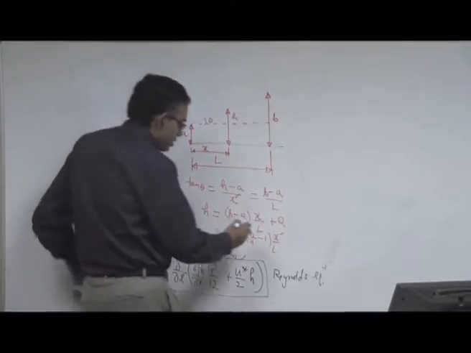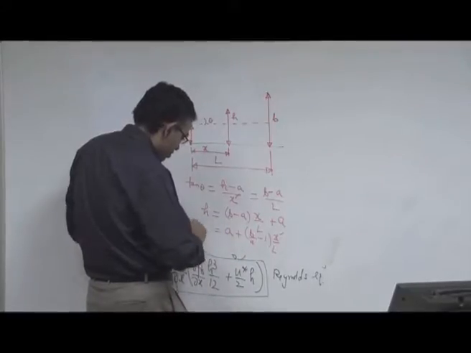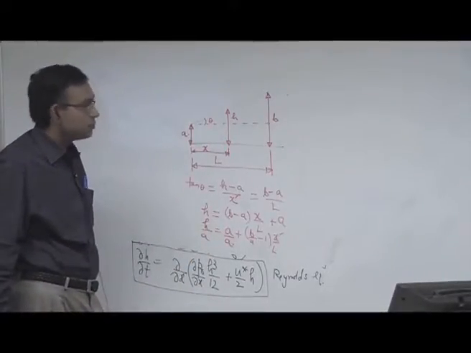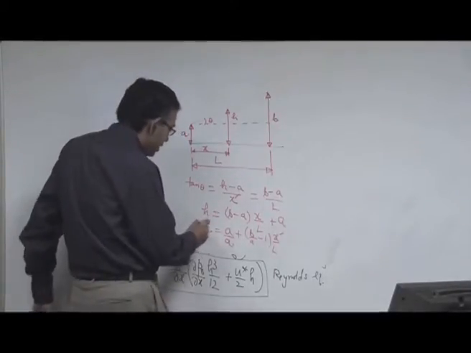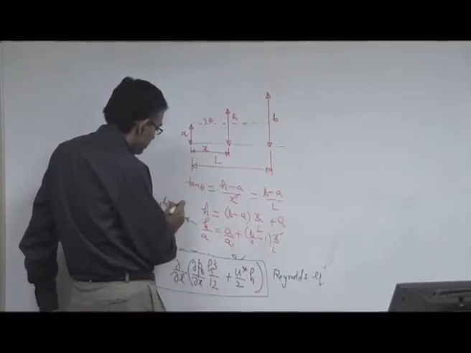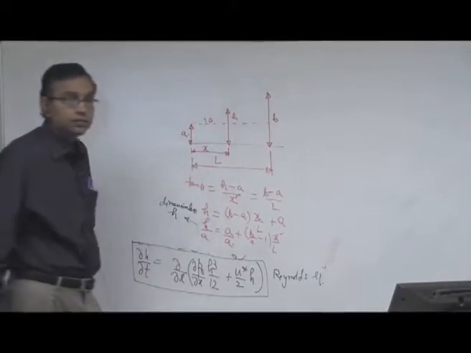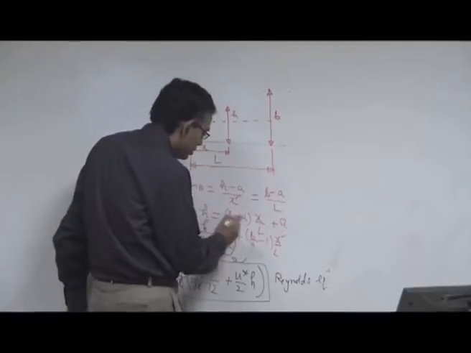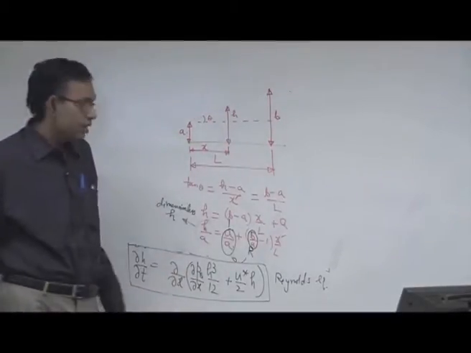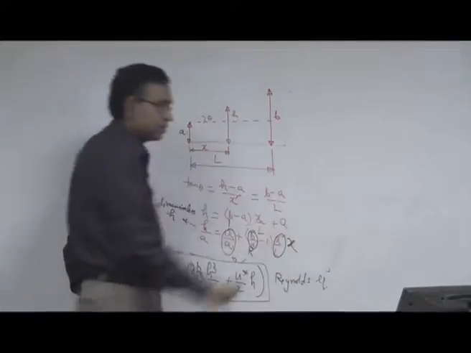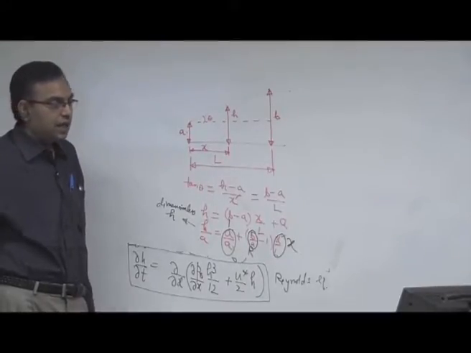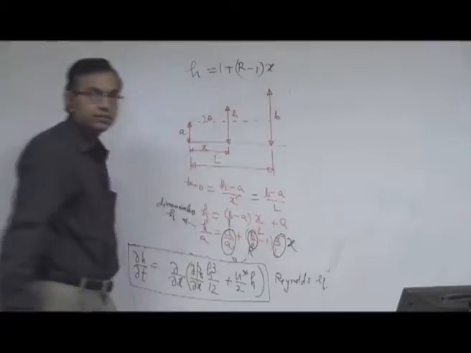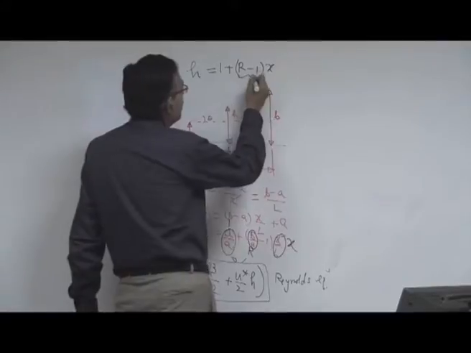So, then, sorry, this is 1, H by A equal to, I have written 2 steps together, dividing by A. So, this is dimensionless H. If you are considering H0 equal to A, dimensionless H is equal to 1 plus, let us say B by A is equal to R. So, 1 plus R minus 1 into dimensional x, x dash by L. So, we can write H is equal to, in a dimensionless paradigm, 1 plus R minus 1 into x, all are dimensionless. And R minus 1 you can give it a new name R bar.